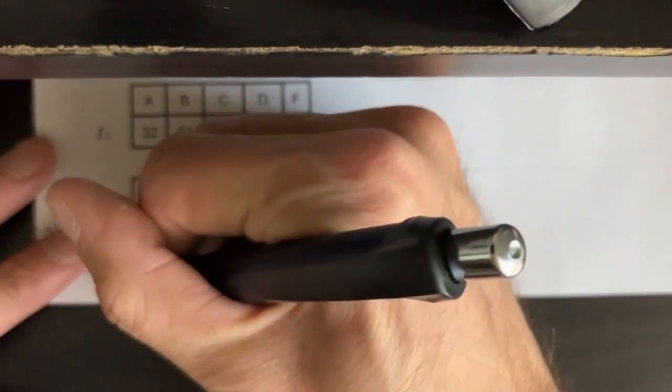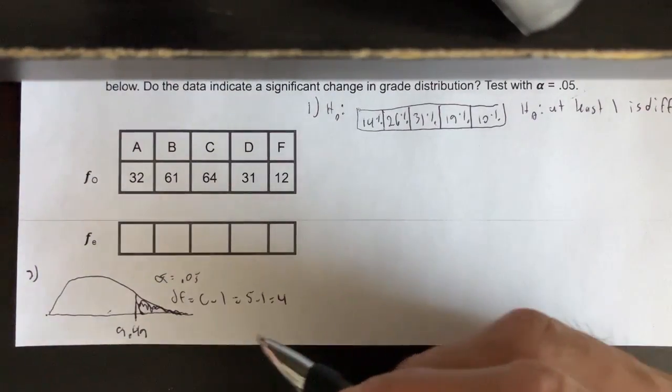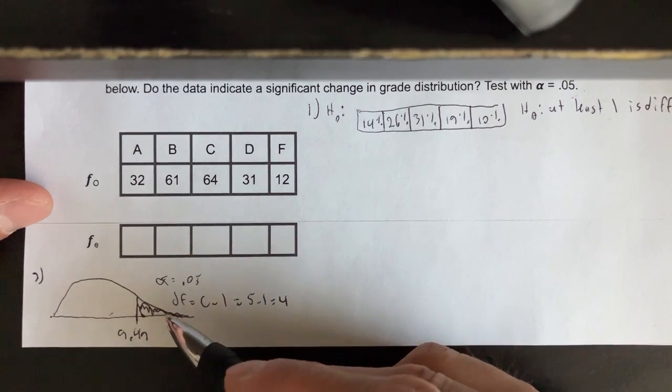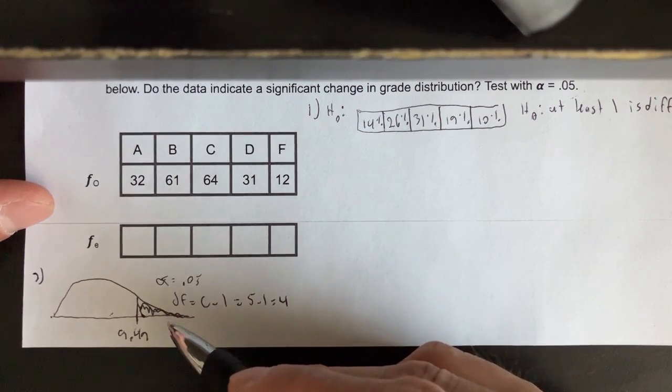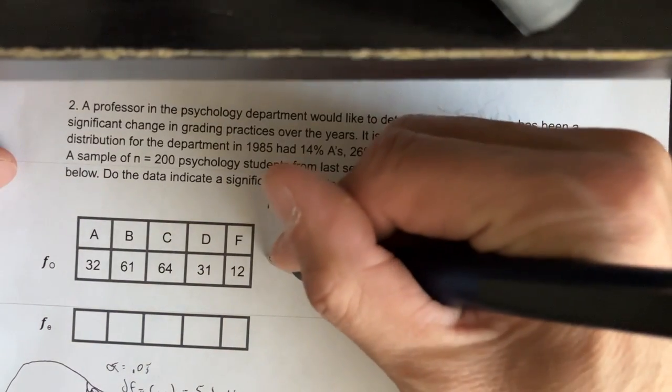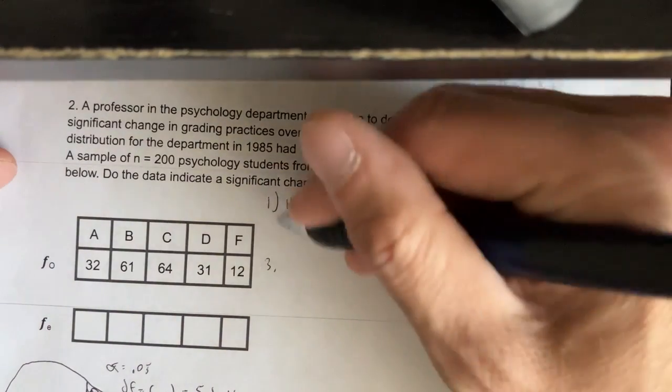So this value here is 9.49. When we calculate our statistic, we need to have a value that's greater than that in order to be able to reject the null hypothesis. Okay, so now that we've done that, our third step is to start calculating.